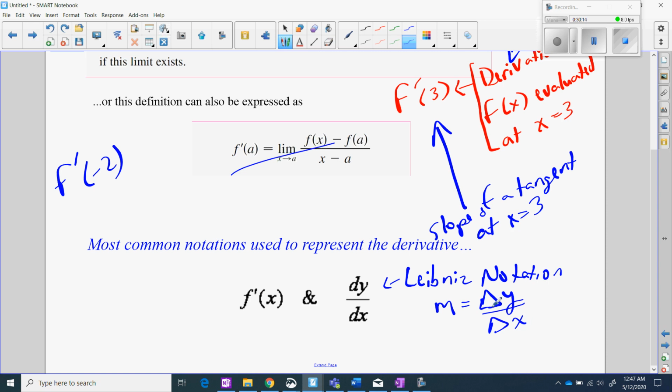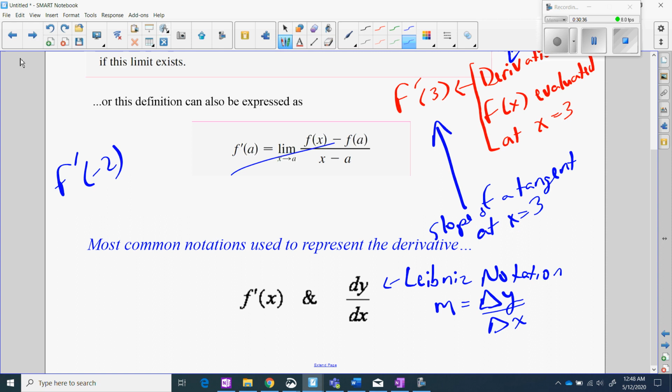The triangle is the Greek symbol for delta, delta y over delta x. So that is where they came up with the notation dy over dx. If you see that symbol, it means exactly the same as this. They are interchangeable. It means find the derivative of the function just like you normally would.